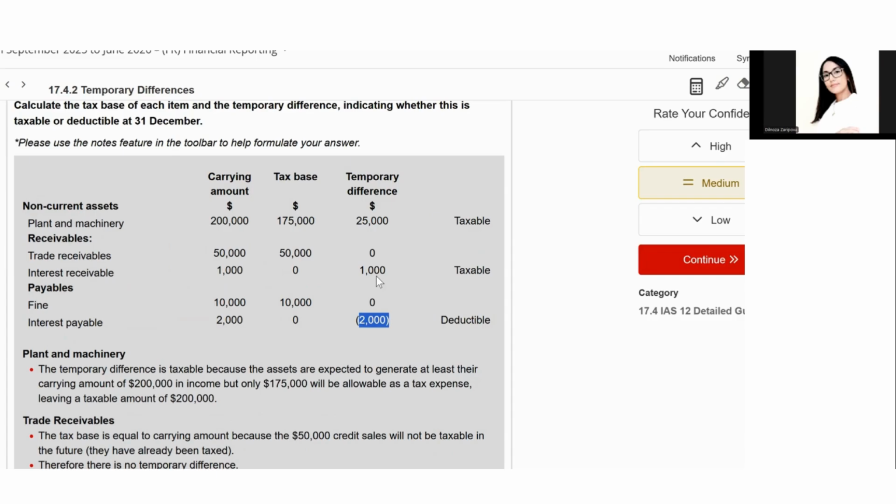In this case, if it's taxable, 25 plus 1,000, 26,000, right? Taxable temporary differences. So you will apply the tax rate, and you will have deferred tax liability, right? You need to charge if it's the first year. If it's not the first year, then you need to look at the balances of the last year and just charge the difference between them.